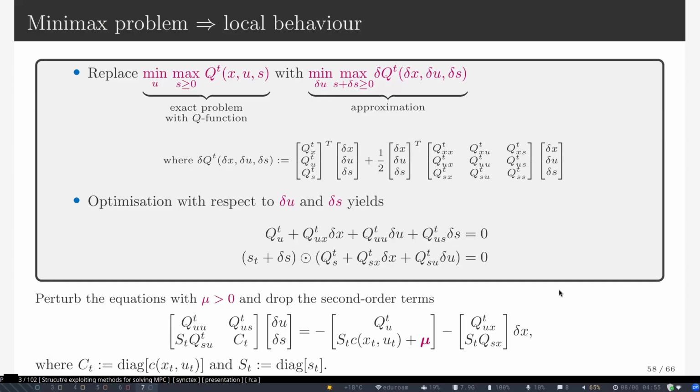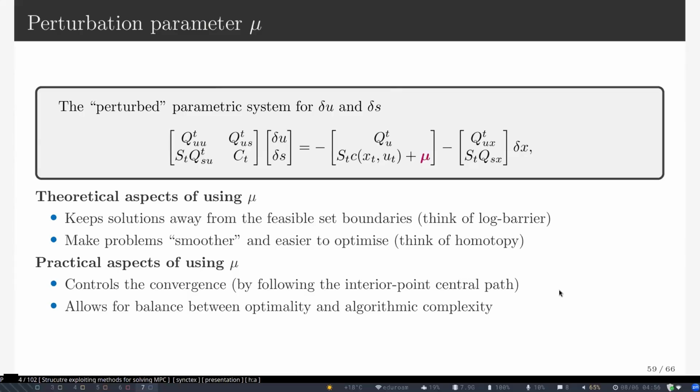So then we end up, as I said, optimizing with respect to these variables. Again, this S appears, this is the multiplier. This is the perturbation. So we end up solving this perturbed system. The choice of U keeps the solution away from the boundaries.